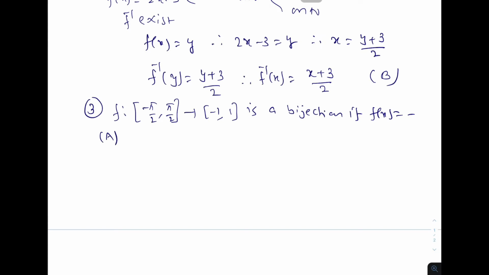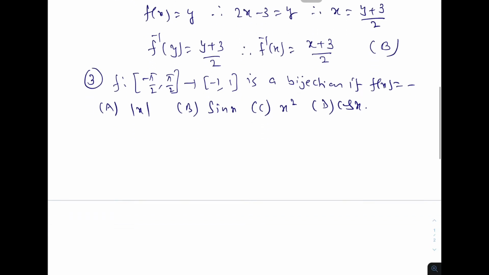That means which function is one-one and onto. Here the options are modulus x, sin x, x square, and cosine x.